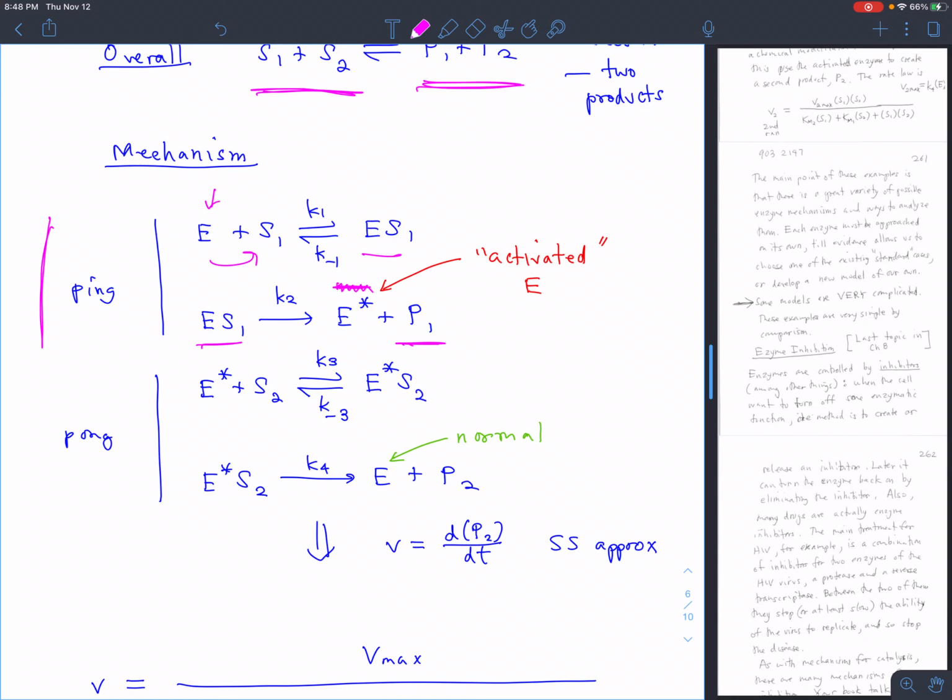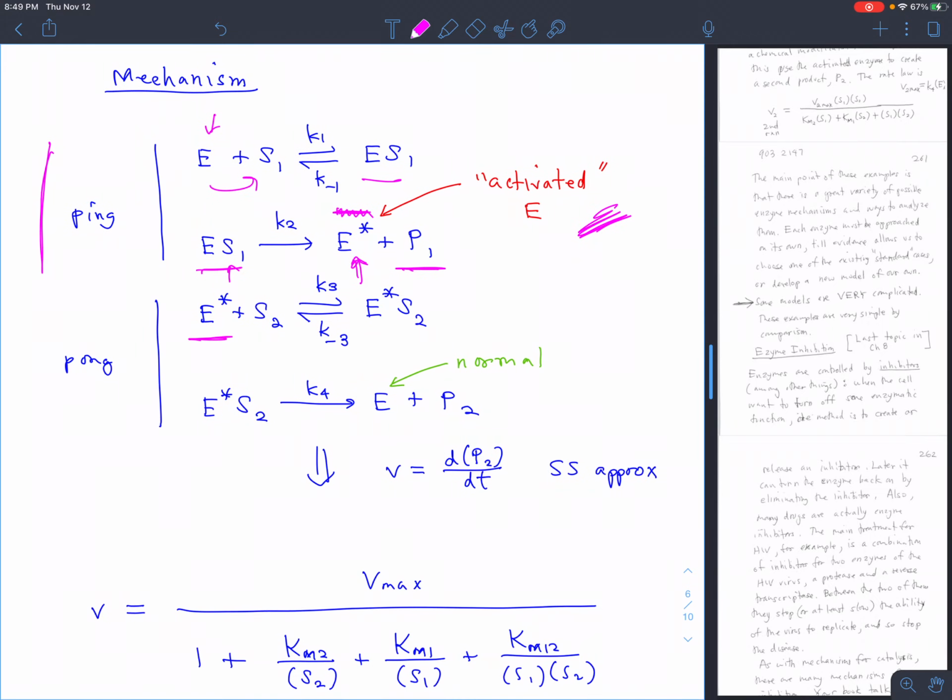Oftentimes what this means is that the first substrate, say, bound something to the first enzyme or changed its conformation into some sort of activated form. In some cases, for example, the first product phosphorylated the enzyme, so this E star would be a phosphorylated version of the original enzyme. In other cases, it's forced it into a new conformation that it wouldn't normally go into, so it's sort of cocked a spring in that case.